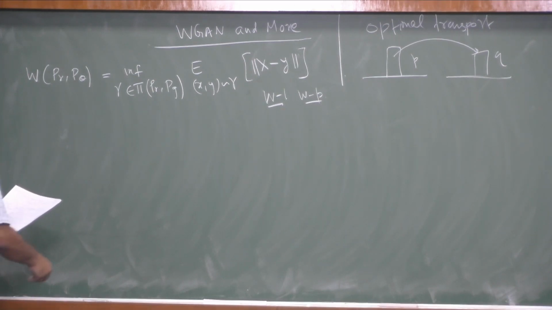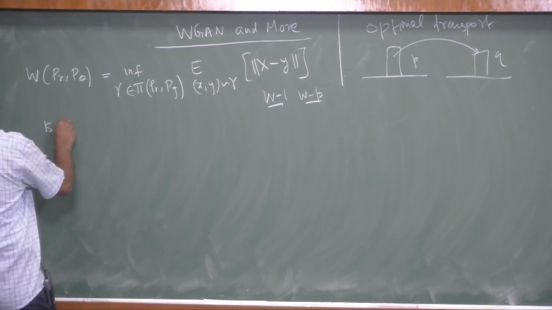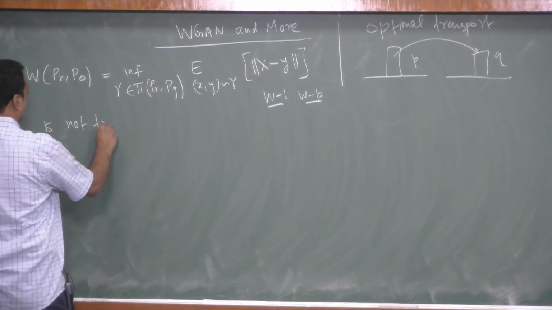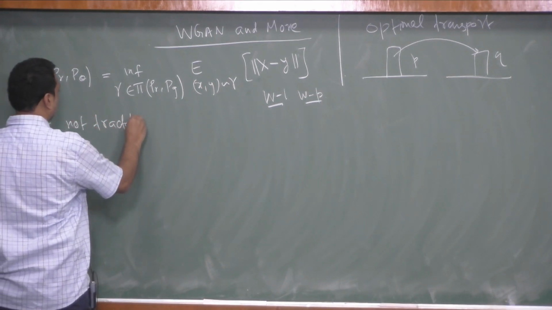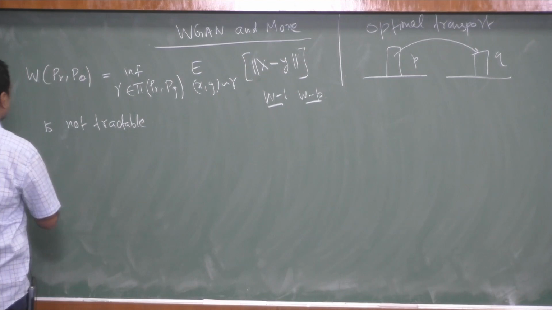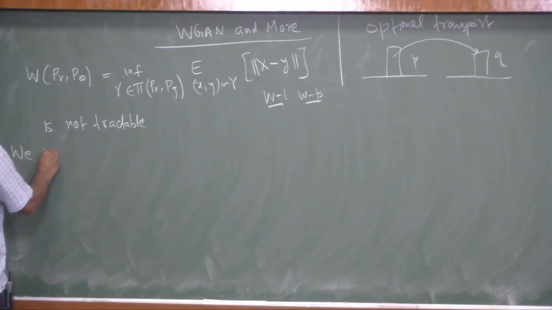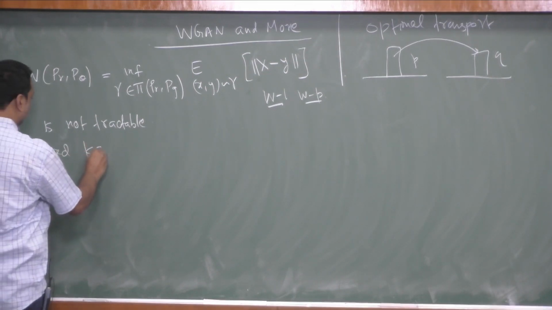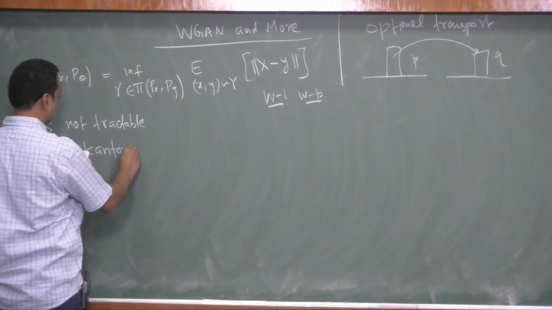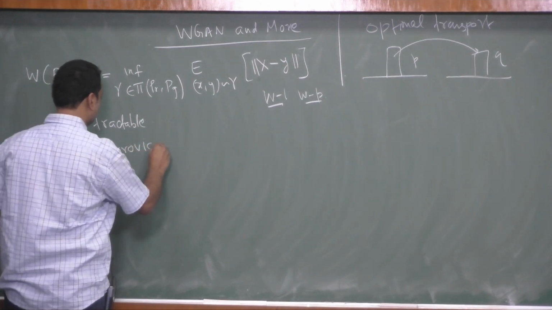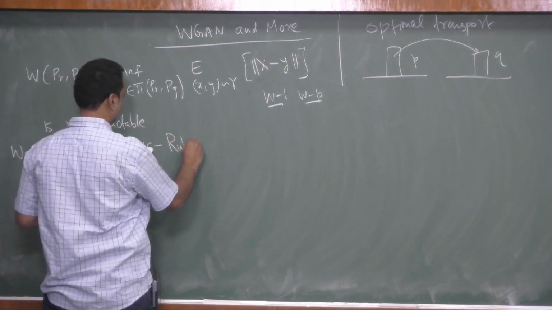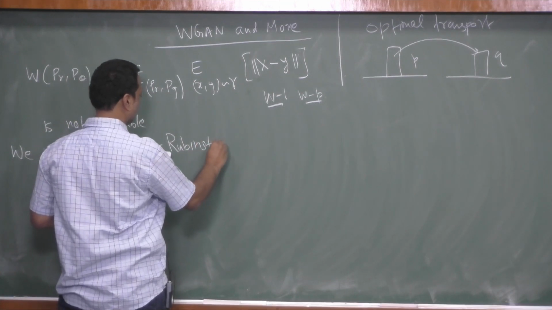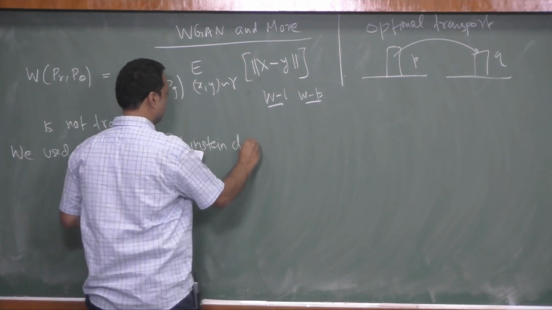So we knew that this is not tractable, and then we used Kantorovich-Rubinstein duality.